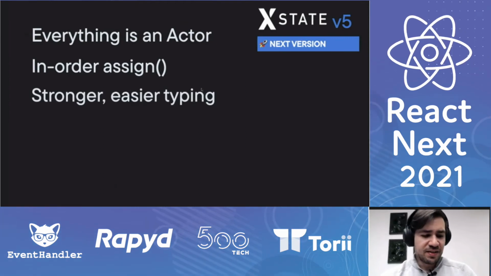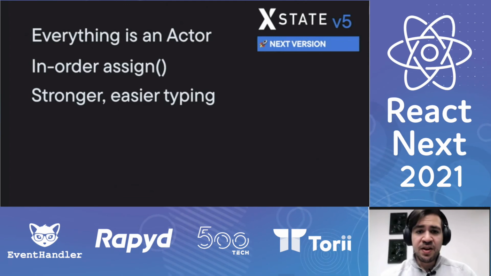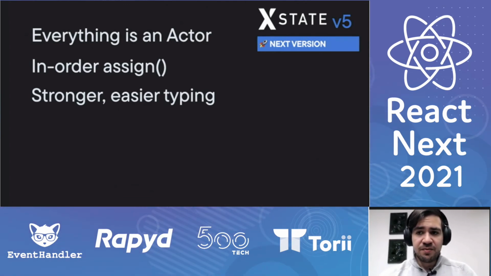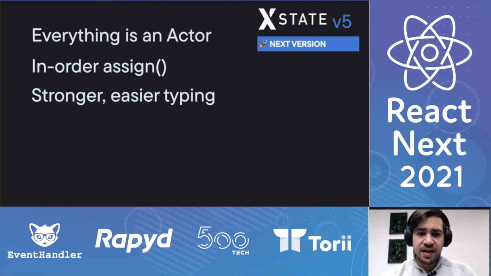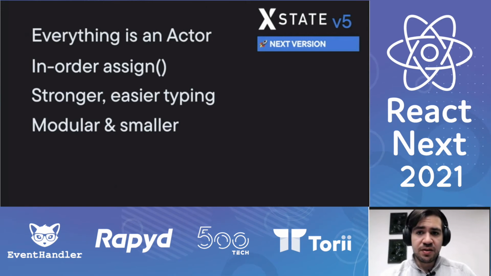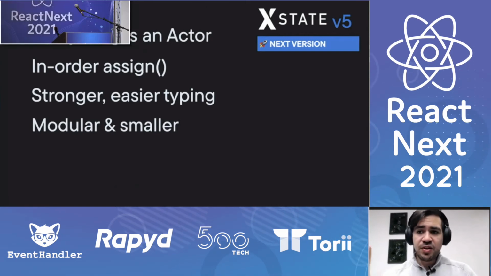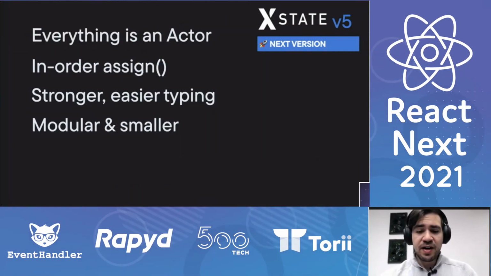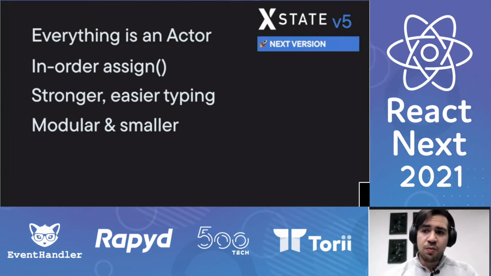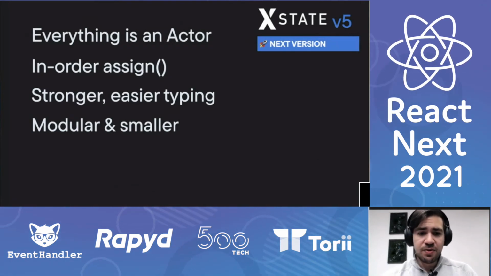Typing is going to be top of mind for us because we do want to improve the typing experience. So version 5 gives us that opportunity to have stronger and easier typing. Also, it's going to be modular and smaller. The current XState pretty much exports everything, which is why to some people it's sort of a big package, but with XState version 5, you could choose which parts of XState you want to export.